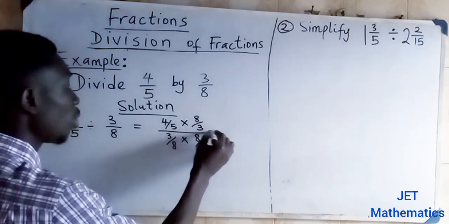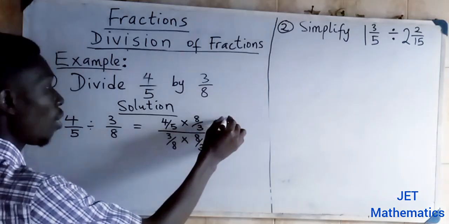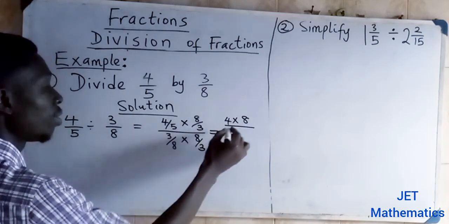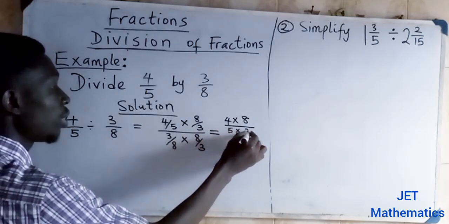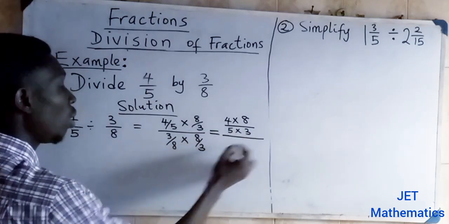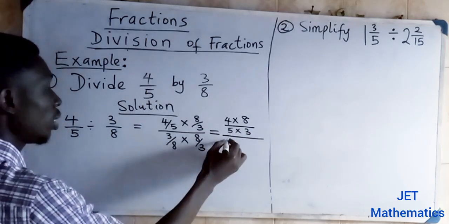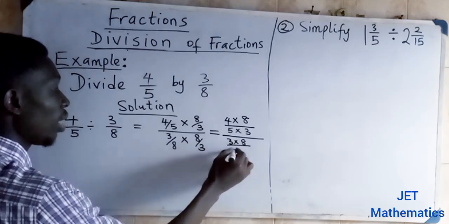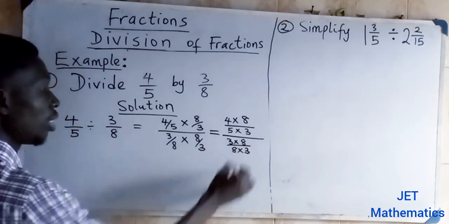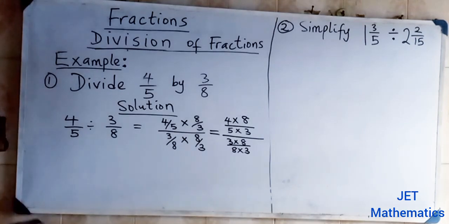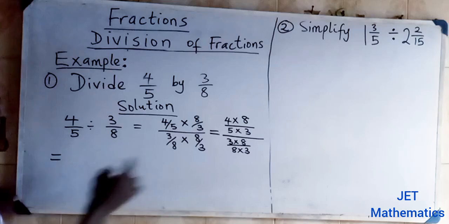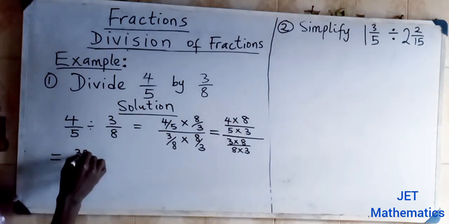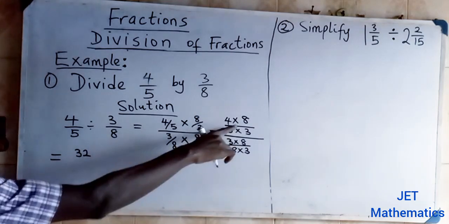So when you do this, we are going to have 4 times 8 over 5 times 3 all over 3 times 8, 3 times 8 over 8 times 3. Okay, so at the end of the day, we are going to have here 4 times 8 is 32.